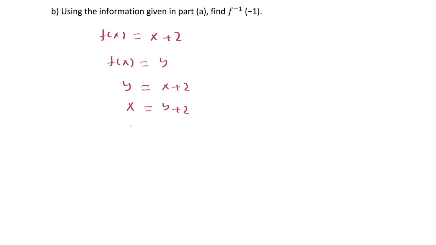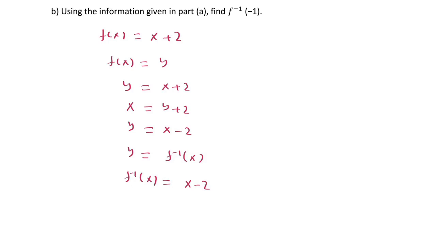Then our equation is going to be y equals x minus 2. Okay, so next we are going to let y equal the inverse function of x. Okay, so we are having inverse f(x) equals x minus 2.